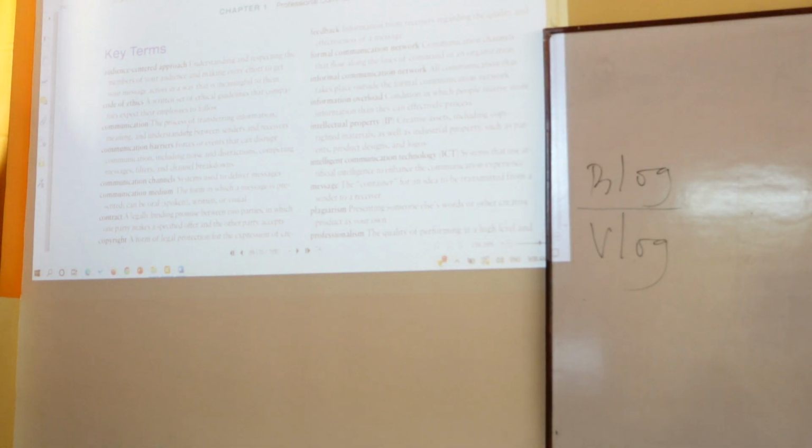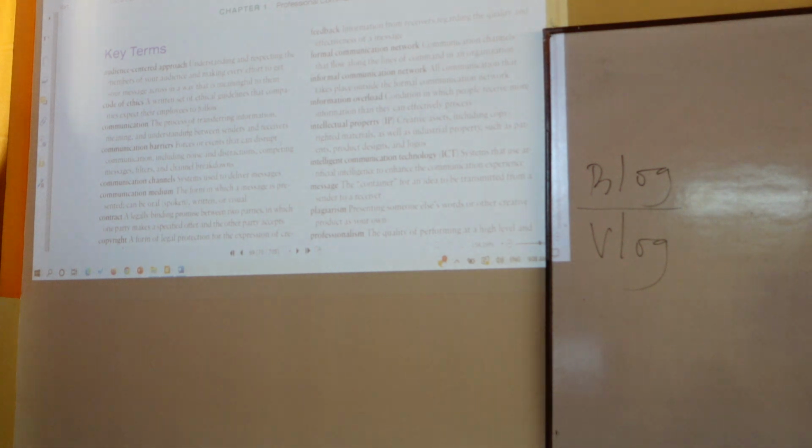To be proficient in business communication, you must have a good vocabulary of business communication. For example, when you finish this chapter, you should know what is audience-centered approach, what does code of ethics mean, what is communication, what is communication barrier. All definitions are given there. At least read once. Not memorize, not rote learn, just read once, quickly. Have a quick reading.